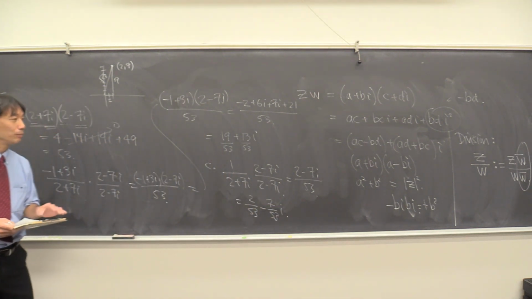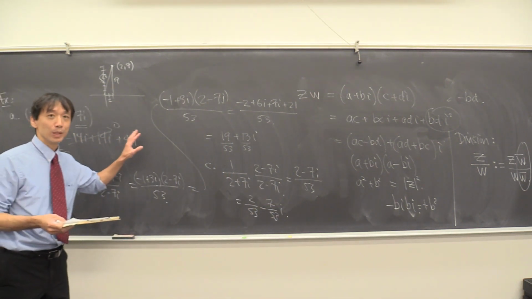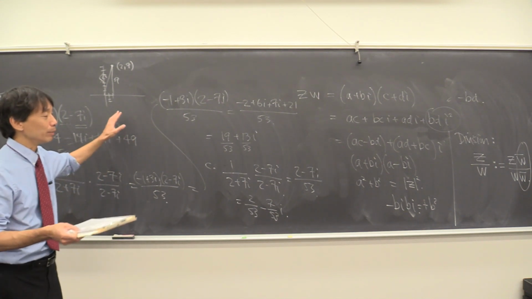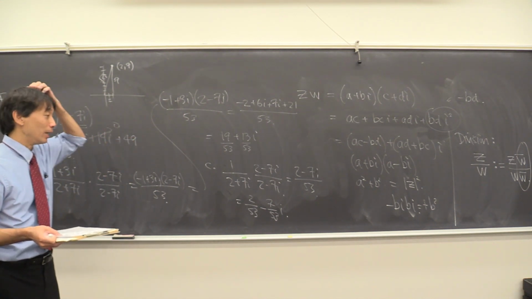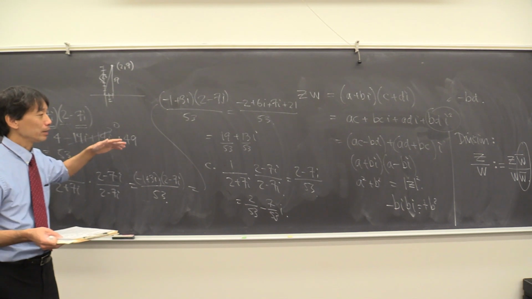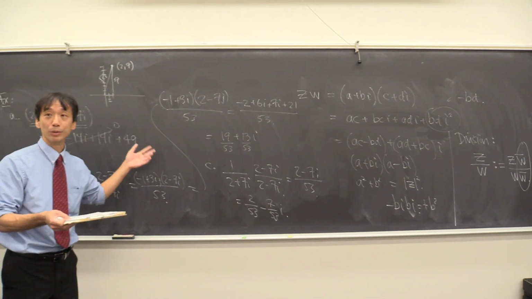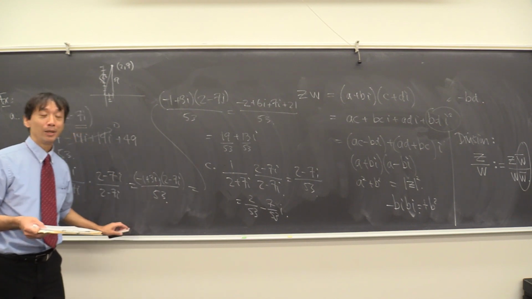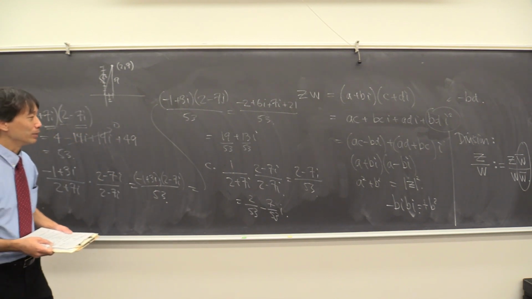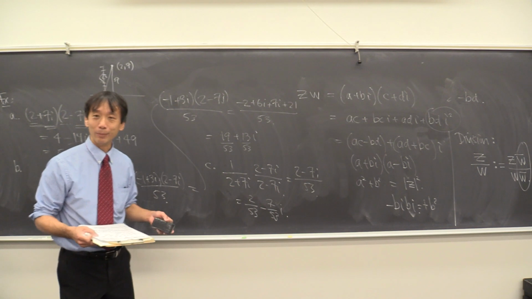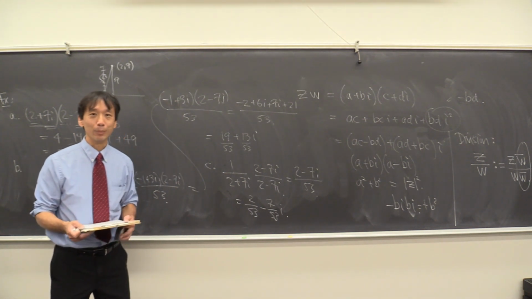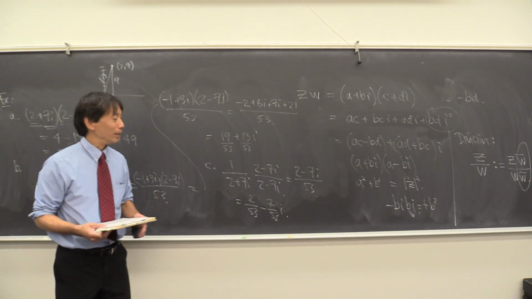So this was just to tell you about complex numbers and give you at least the basics of how to do arithmetic with them. Complex numbers turn out to be a really amazing extension of the numbers.